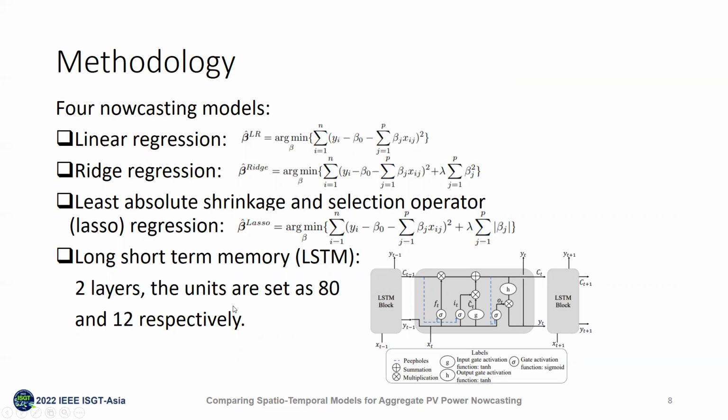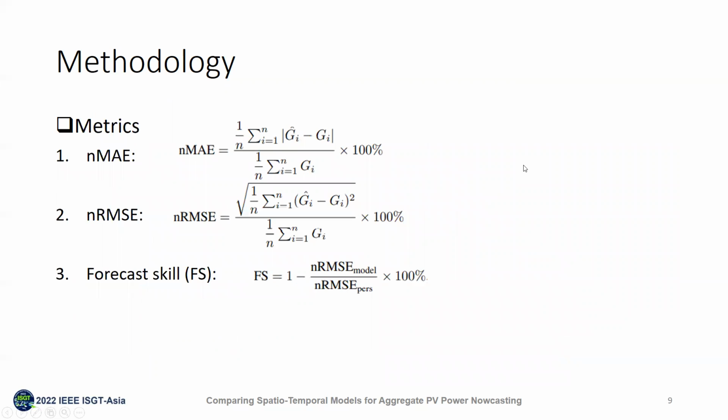The units for each layer are 80 and 12 respectively. To compare the performance of these models, we have used several error metrics, which are normalized mean absolute error, normalized root mean squared error, and the forecast skill. For FS, we compare our model with the persistent model. Here are the formulas for these 3 error metrics.